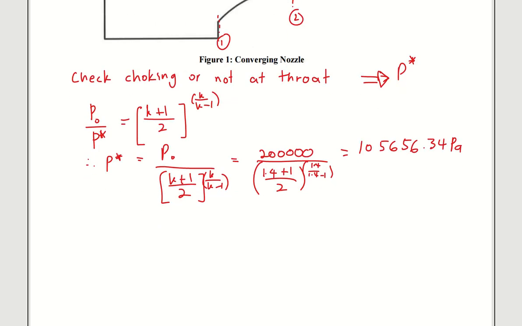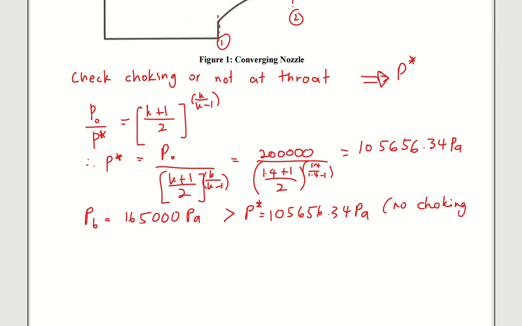If you compare this value with the P back, the P back is 165,000 Pascal, which is larger than P star, which is 105,656.34. So if PB is larger than P star, that means there is no choking at the throat of the nozzle, which in this case is the exit.